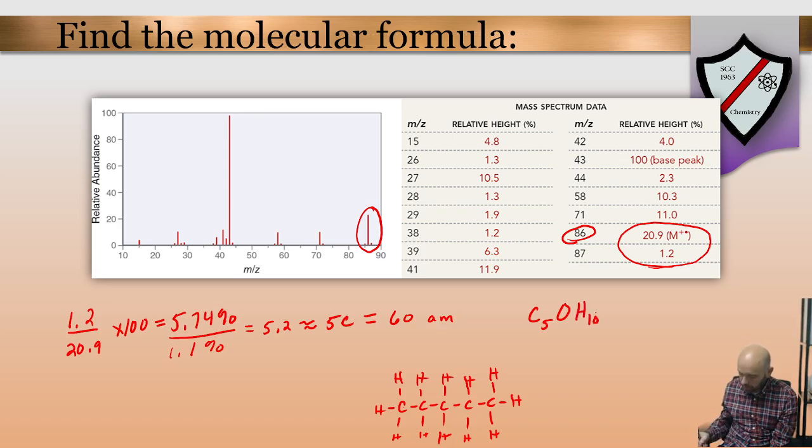So it's likely that the molecular formula of this molecule, just from the information that we have 5 carbons and a molecular weight of 86, I can infer that the molecular formula of this molecule is likely to be C5OH10, and it would probably be written C5H10O instead.